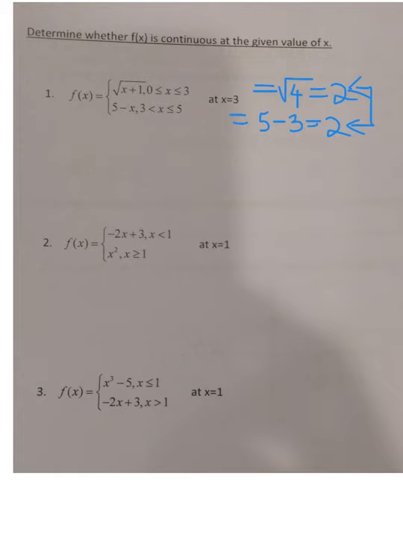So very easy. Go to your piecewise function, look at your domain. Which one contains 3? This one, right? So you plug in 3 here. Well, why should we reinvent the wheel? We know what that is. That's 2. So f of 3 is 2.